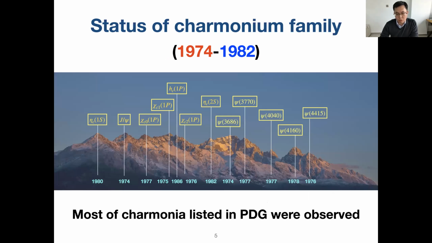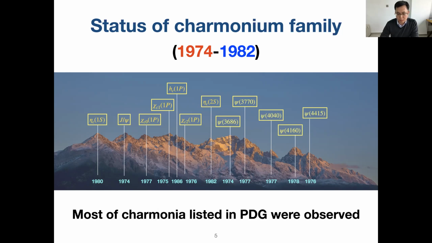So we also face a similar situation. In this slide, I will introduce the status of the charmonium family. We know that in 1974, many charmonium states listed in the Particle Data Group were observed by experiment.